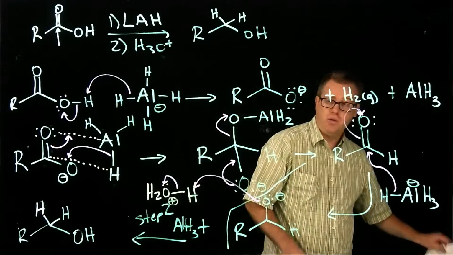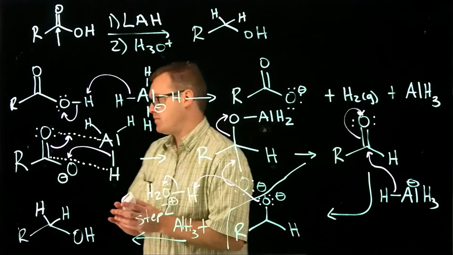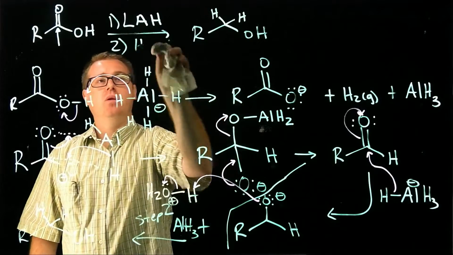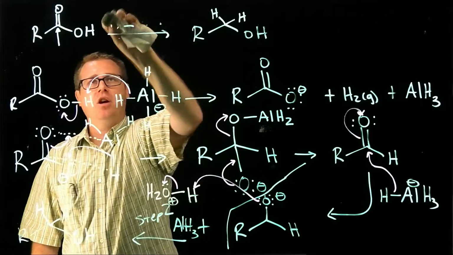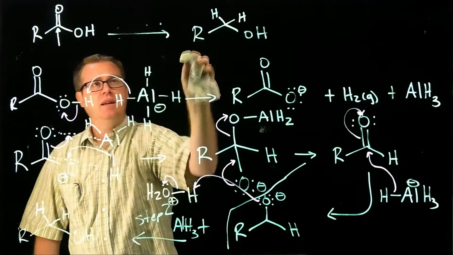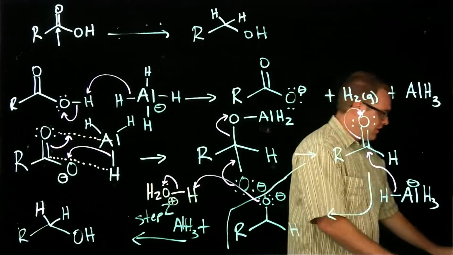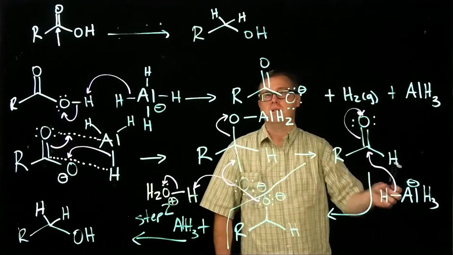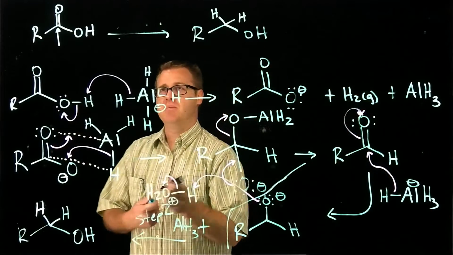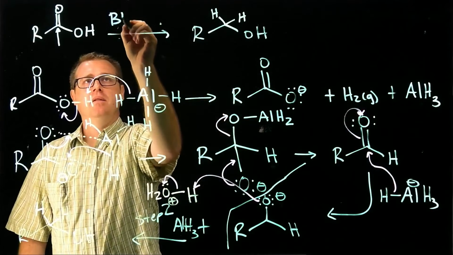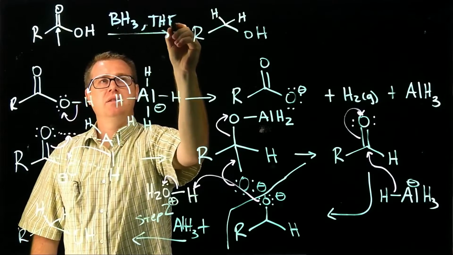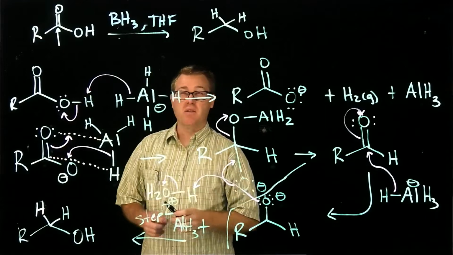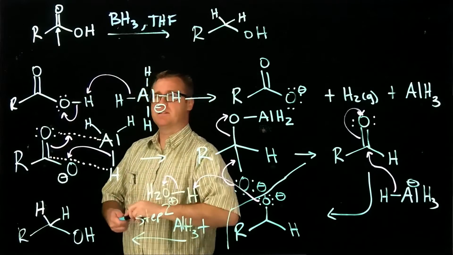Another way to do this reaction, or this transformation, where you can take a carboxylic acid and convert it into a primary alcohol, is using borane, BH3 in THF. THF is just the solvent, borane is the reagent.